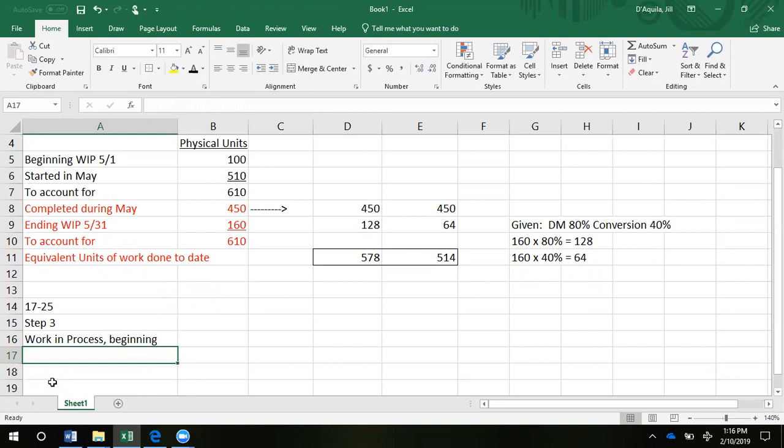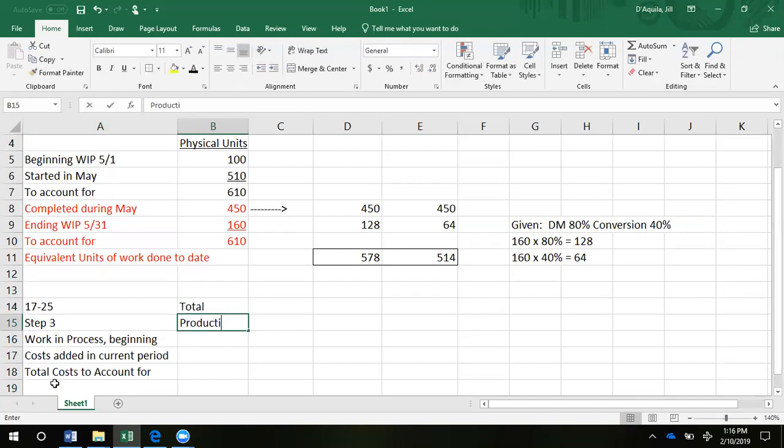Let me just jot down some information and then we'll look at what's given. We'll look at costs that were added in the current period, which is also given. And these will be our total costs to account for. So we've got total production costs. We also have direct material and we have conversion, just like we did earlier. So let's get started.